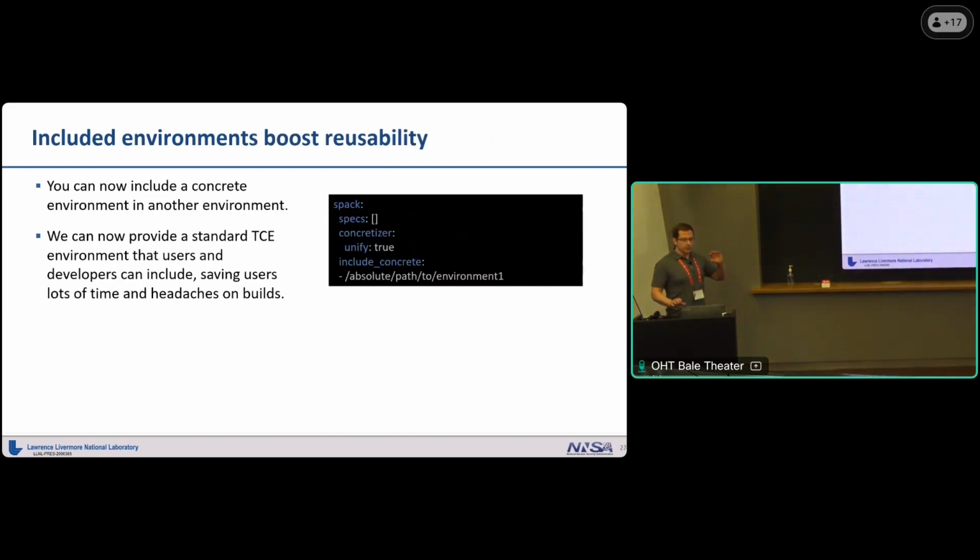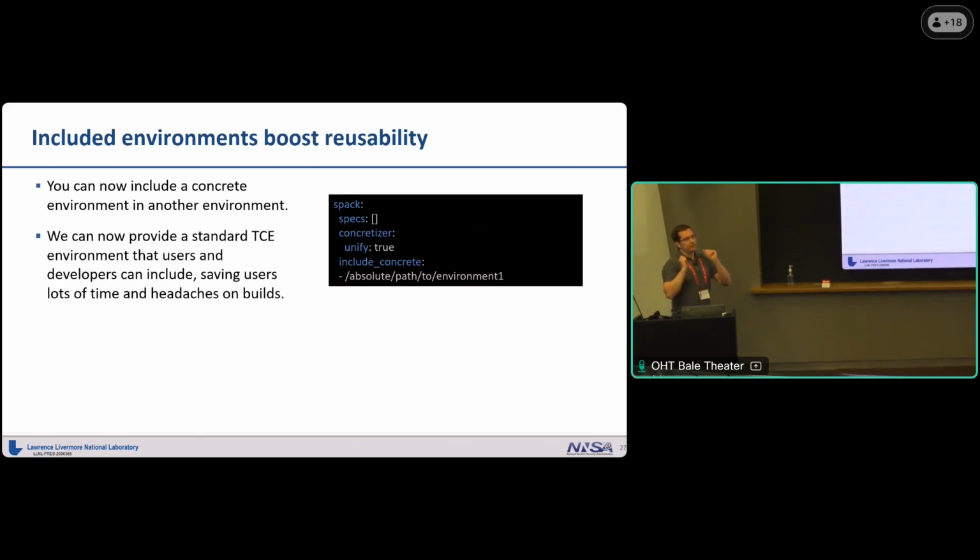But for those users you have who are Spack fans, included environments really boost the reusability. One of the things we're playing with now is this new feature that allows you to include a concrete environment in another environment. So you could take your development environment that you've carefully built and curated and made sure is highly optimal for your system, and hand that to users and say, here, include this environment.